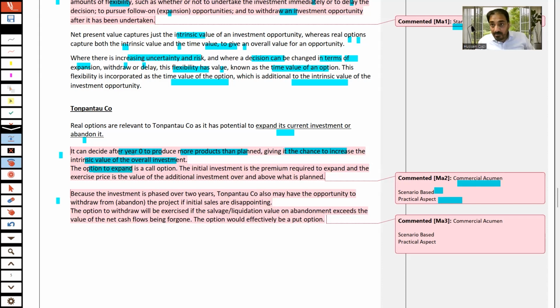The option to expand is actually a call option. With a call option, there is an exercise price, and the premium you are paying. The initial investment is the premium required to expand, and the exercise price is the value of the additional investment over and above what is planned.